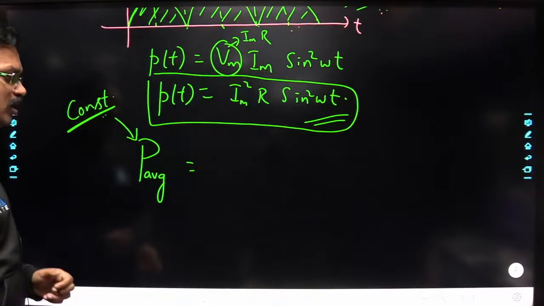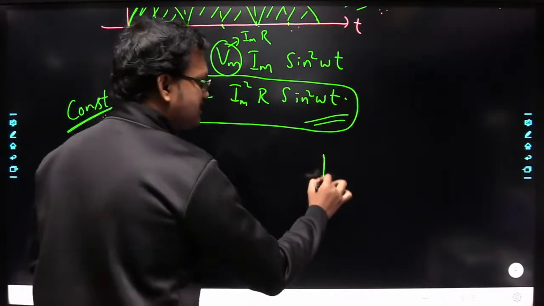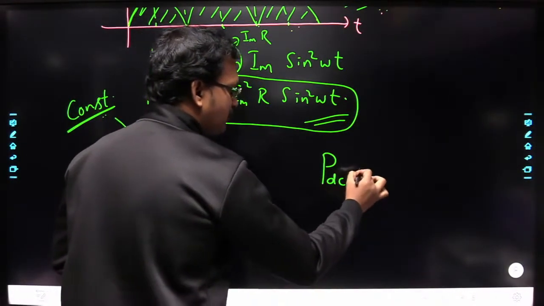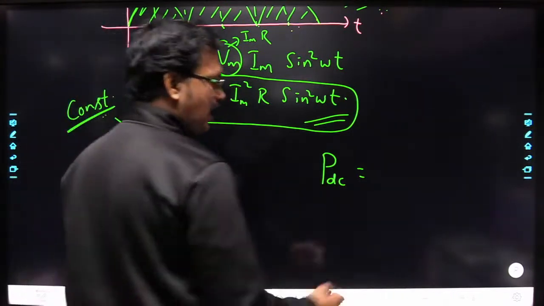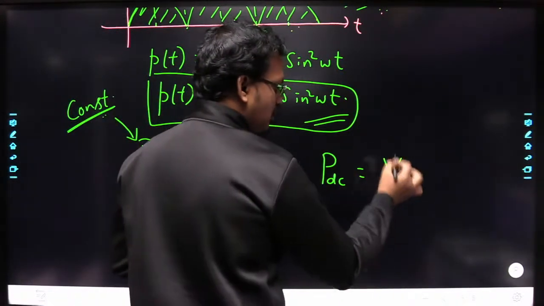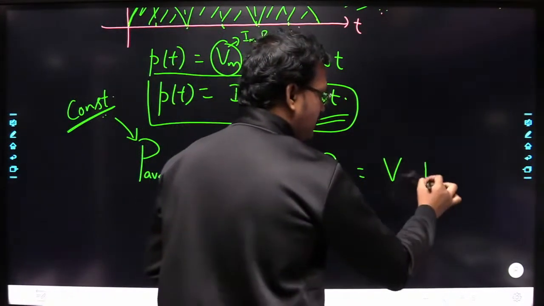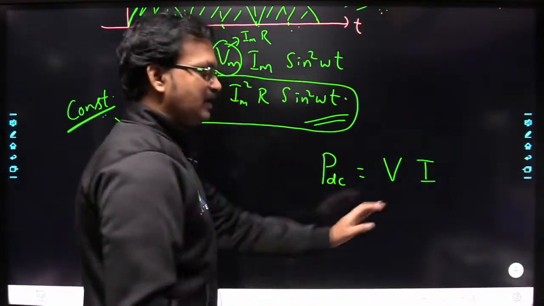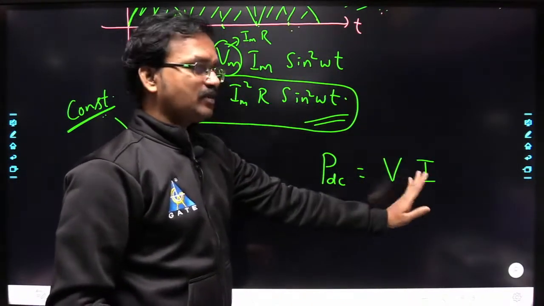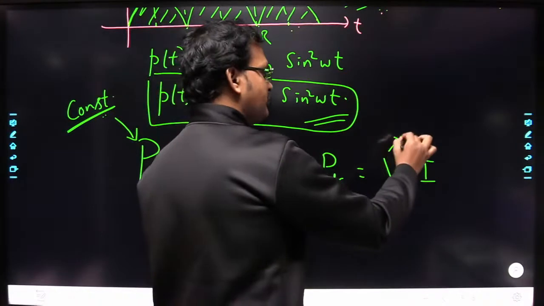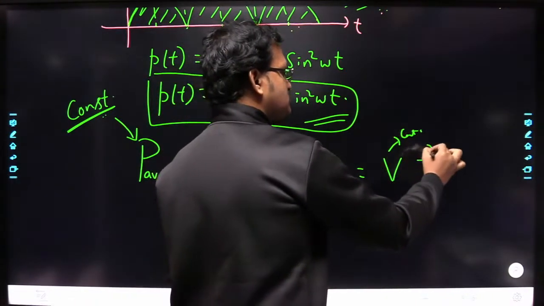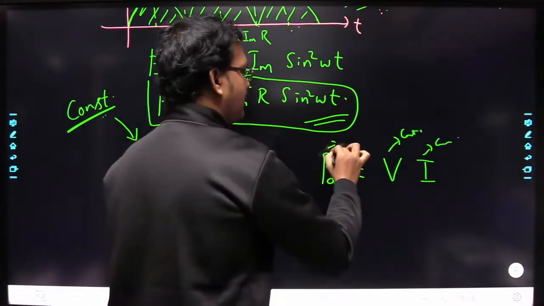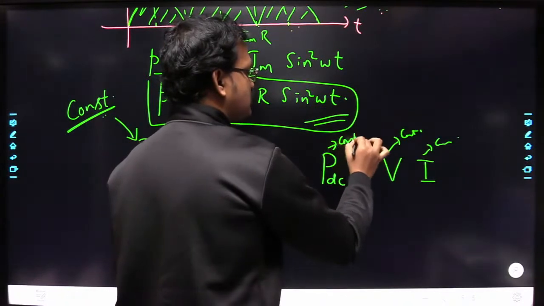Yes or no? Okay, now here if you calculate DC power, how can you write the DC power here? I can write the DC power as DC voltage multiplied by DC current. Here this V is constant and I is also constant, and hence you are getting P DC also constant.